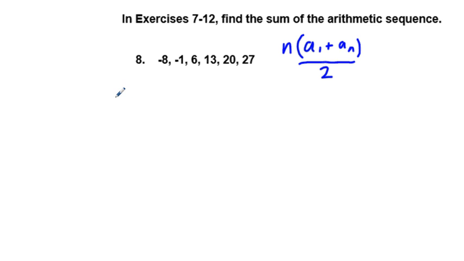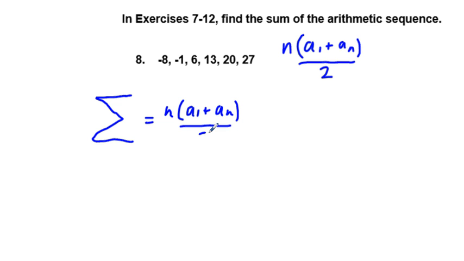So we write the sigma notation is equal to n times quantity a sub 1 plus a sub n over 2. And in this instance, we know our first term, a sub 1, is negative 8.